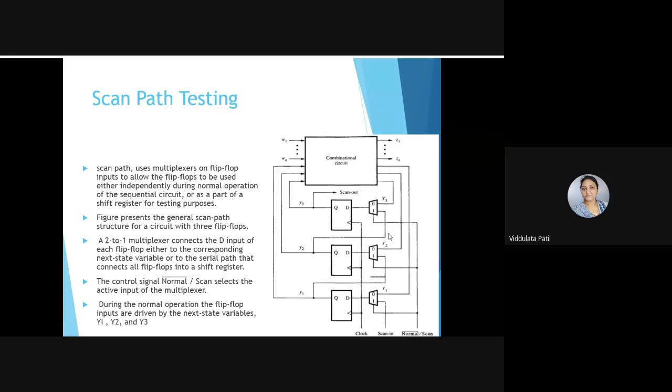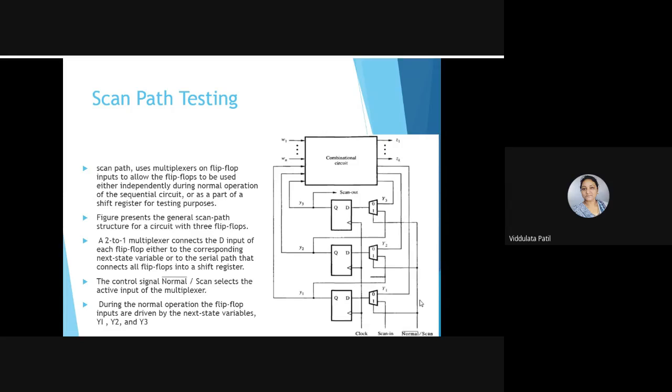Whenever this select input is 0, or we can say the control signal is 0, at that time the outputs Y3, Y2 and Y1 are connected to this D flip-flop.